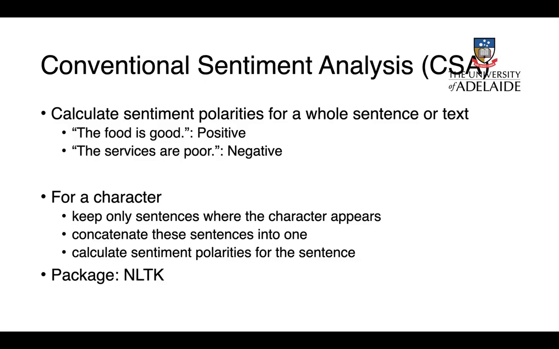And because we now need to determine which characters are culprits, we need to calculate sentiment polarities for each character. And this is the algorithm we use. For a character, we keep only sentences where the character appears, and we concatenate these sentences into one long sentence.